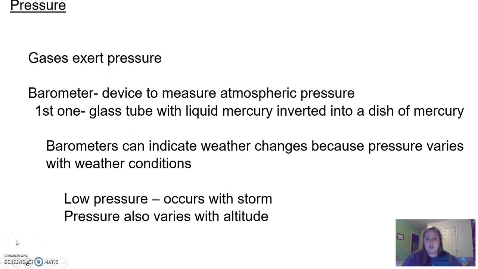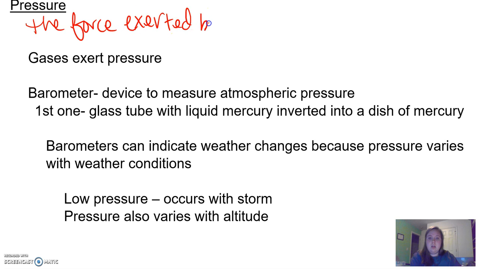All right, so first of all, when we talk about gases, we talk about pressure, and pressure is the force exerted by a gas on their surroundings, or more specifically on the walls of the container that they're a part of.